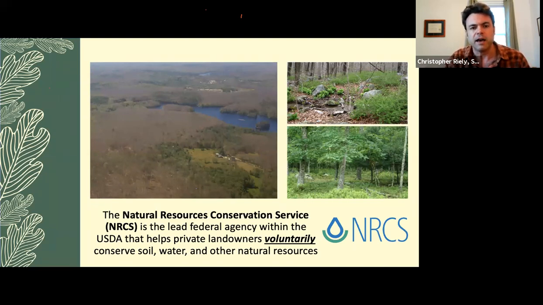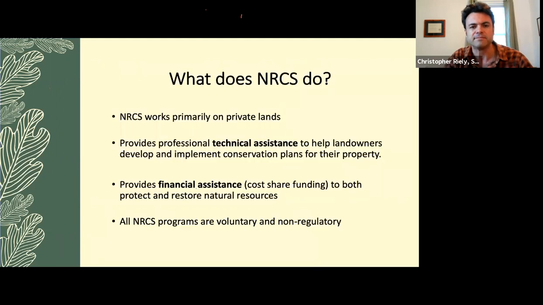This is an agency that has its roots in the Great Depression and the Dust Bowl era, helping farmers. But they've expanded and grown, and their programs now include forestry, and they do a lot of forestry work here in New England. Next slide, please.